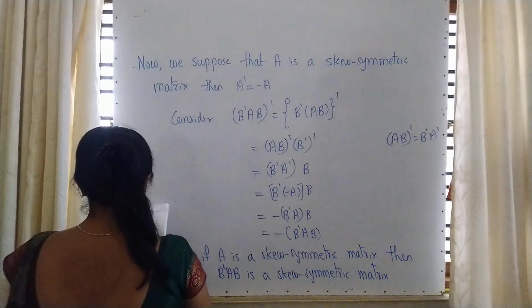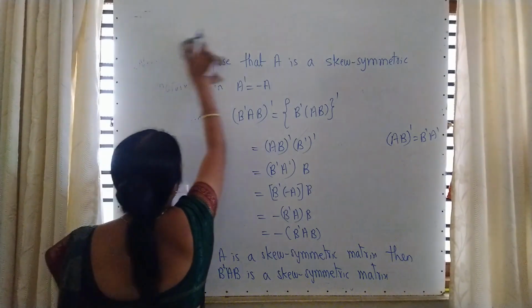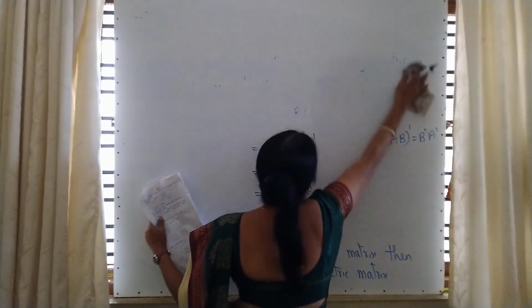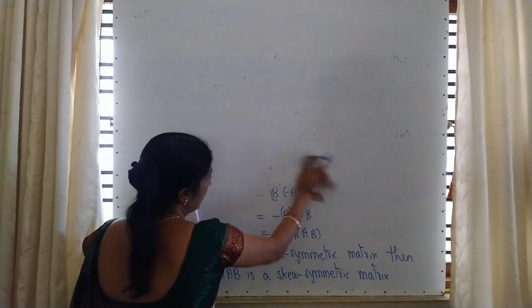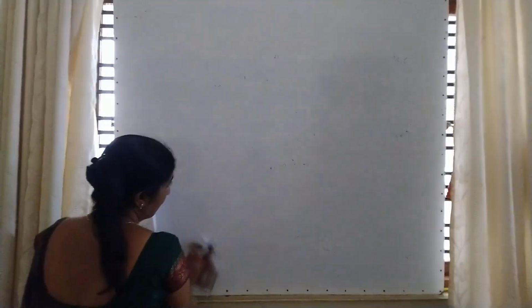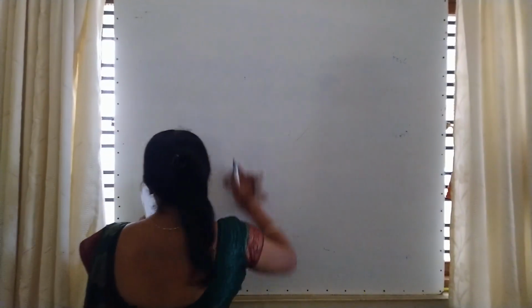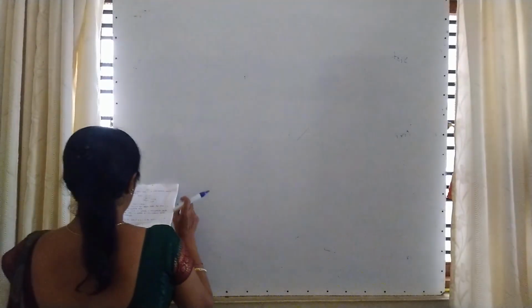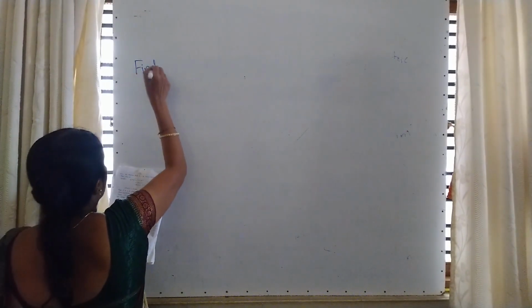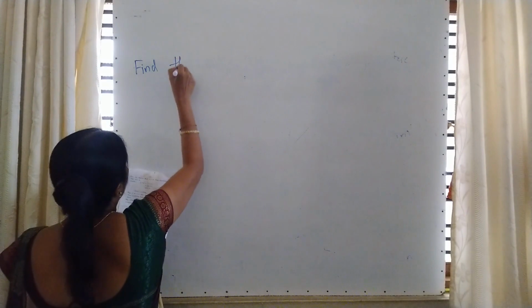Yes, understood? Therefore, what is the result? If A is symmetric, then B dash A B is symmetric. If it is skew symmetric, then the result is skew symmetric. Is it clear or what? Now moving to the next example. See the next example, it is very interesting. Even they can ask these type of questions in the CET.